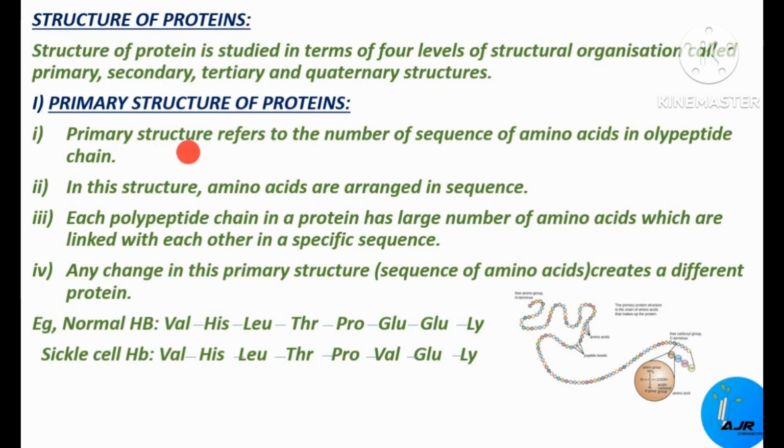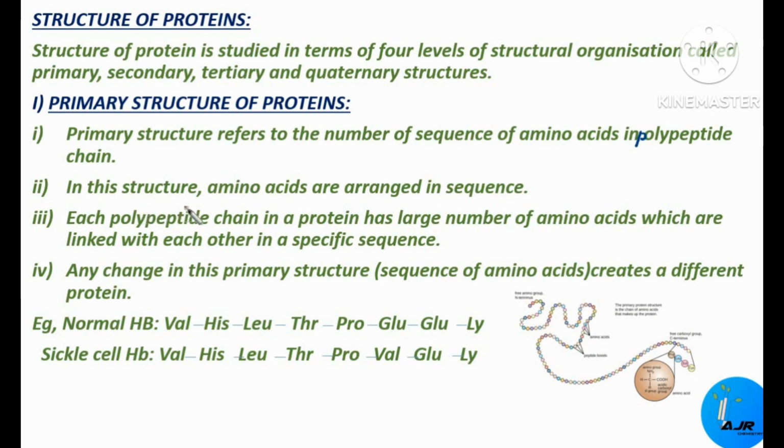Primary structure refers to the sequence of amino acids in a polypeptide chain. These amino acids are arranged in a sequence, and they are linked together by a peptide bond or peptide linkage.